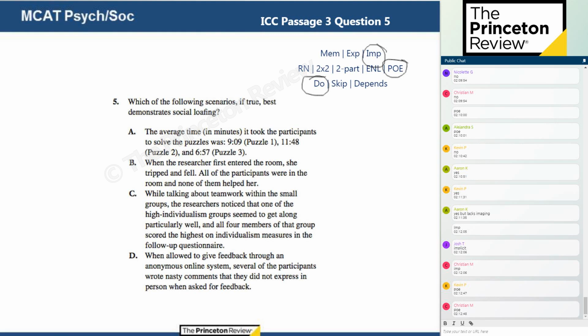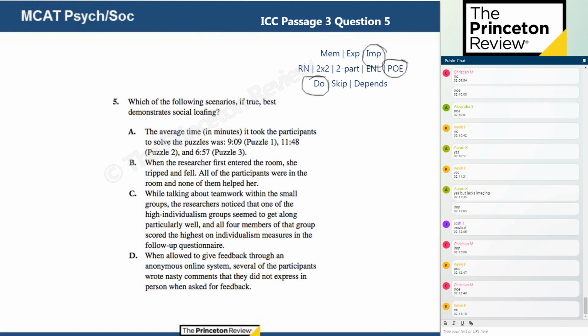Okay, so does this demonstrate social loafing? Average time it took participants to solve the puzzles. First puzzle, 9 minutes, 11:48 for puzzle 2, and 6:57 for puzzle 3. Does that demonstrate social loafing? Okay, let's see.